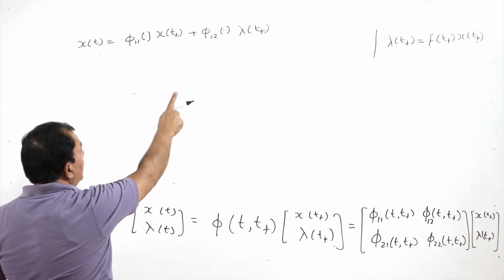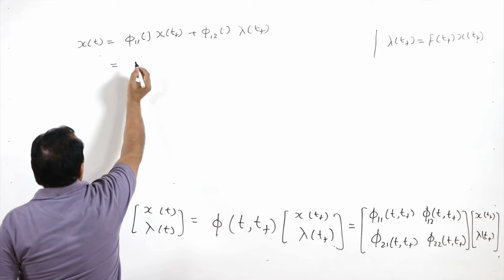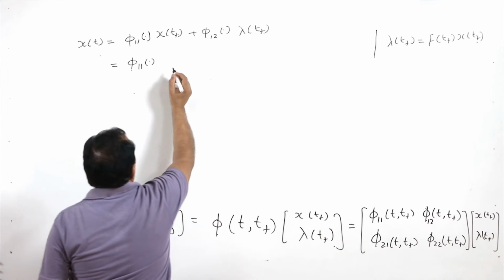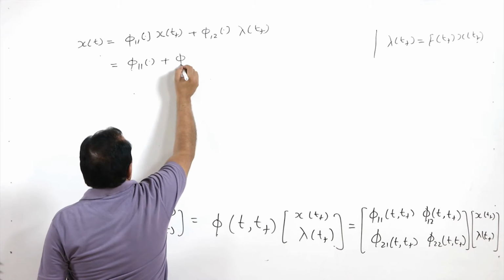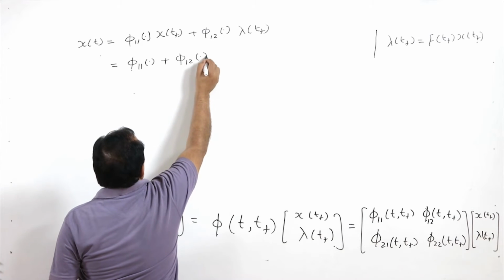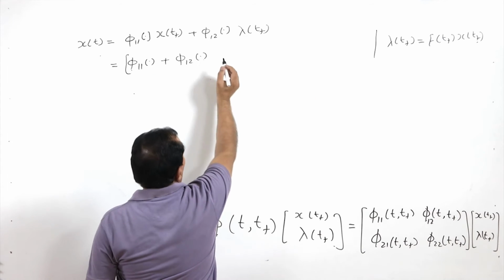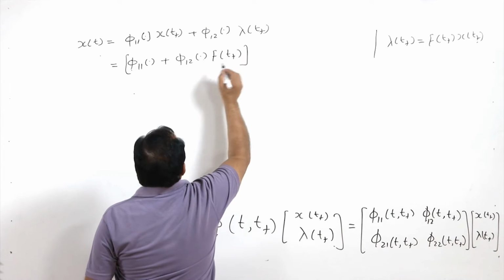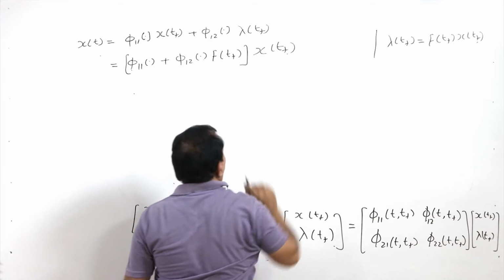So, I will replace lambda(t_f) by this. I can write phi 11 plus phi 12, and lambda(t_f) is F(t_f), and x(t_f) I am writing outside.